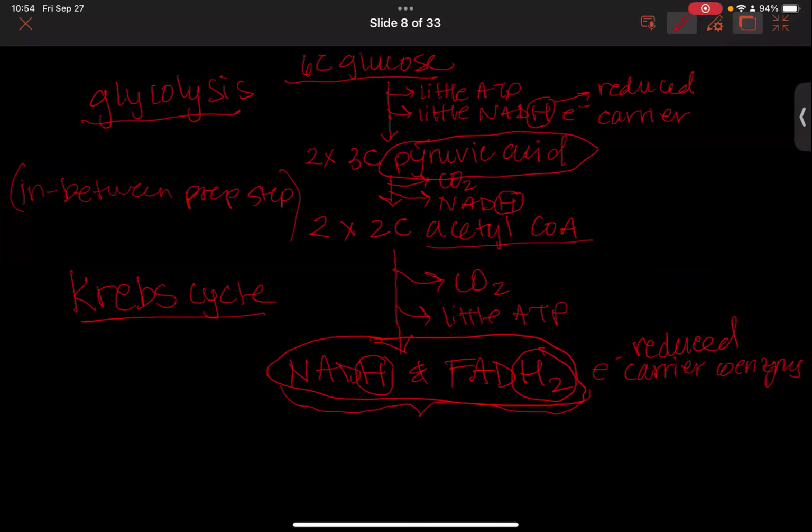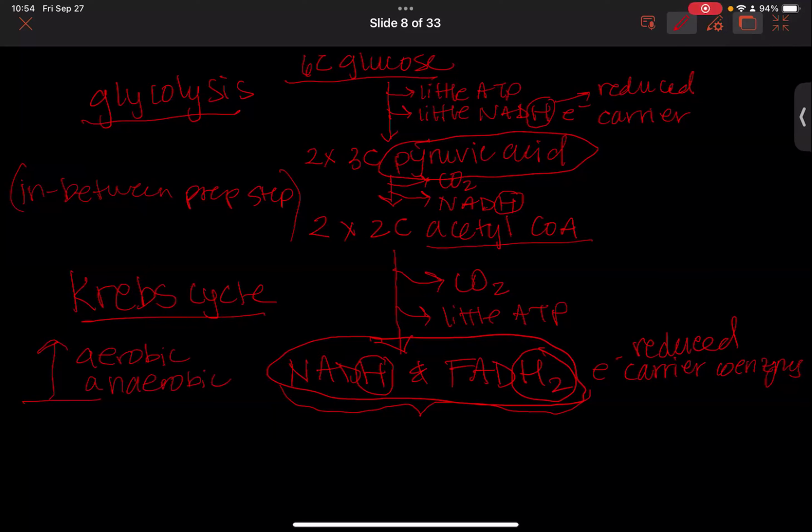Now, all of this stuff up above here that I've outlined, everything up there, can go on in aerobic or anaerobic.